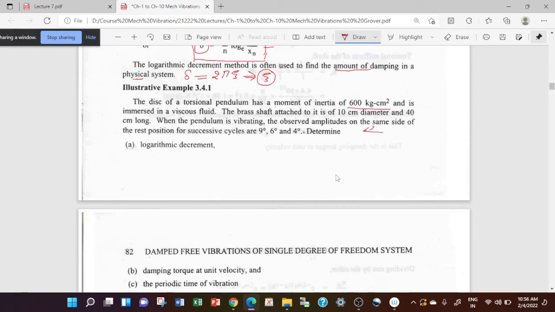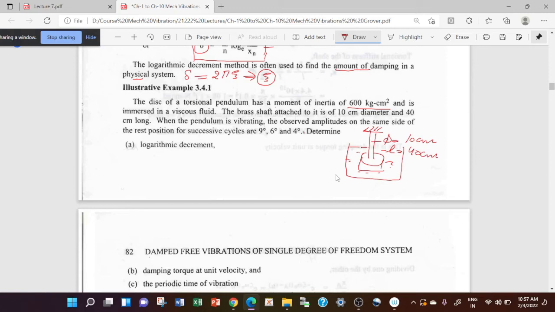Basically this is a damper here, and you have put everything under this fluid. This becomes a torsional vibration of damper type. Here it has a diameter d of 10 centimeter, and length is 40 centimeter.